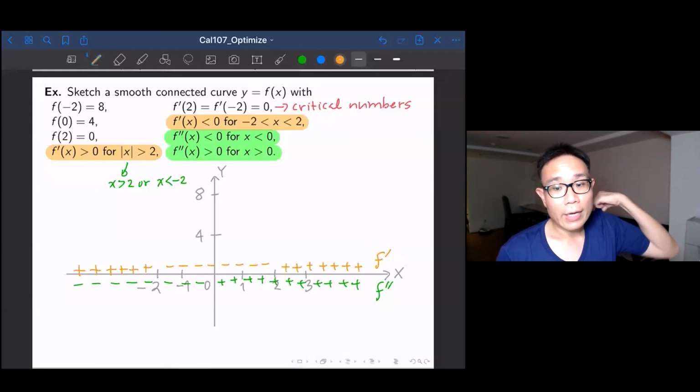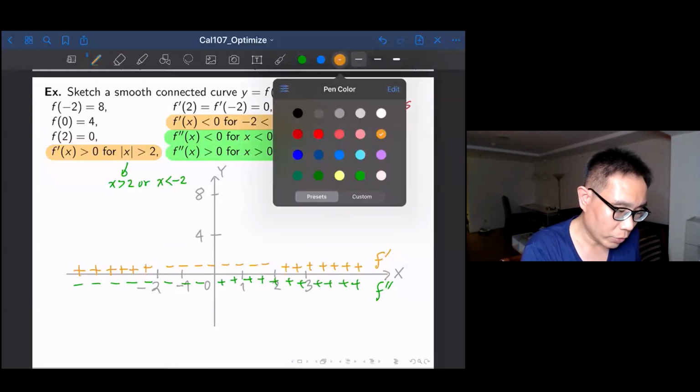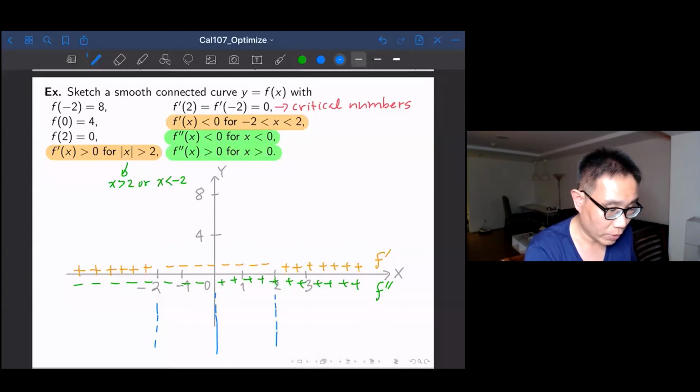So you see that we are able to separate this into these pieces: negative, negative, the same thing, and negative, positive until here, and positive, positive.